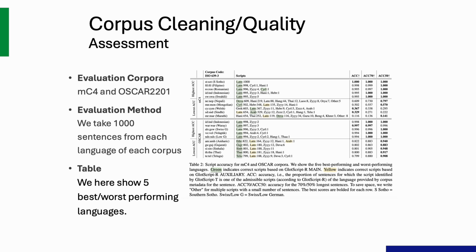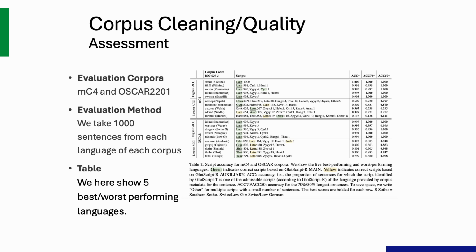We took 1000 sentences from each language of each corpus and applied GlotScript on each of those sentences, and then we marked them with the GlotScript resource, the attested writing system of each language. And here we show, for example, the 5 best or worst performing languages. For example, the language SOT in mC4, which is the ISO code for Sotho language.